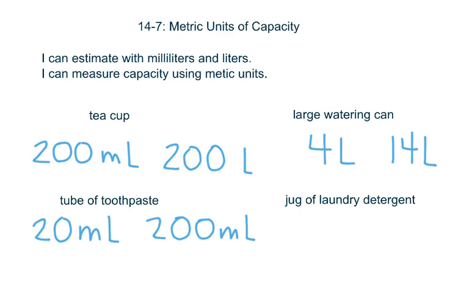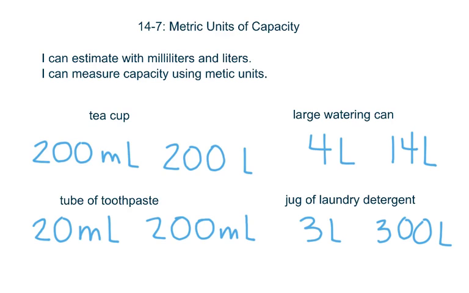A jug of laundry detergent, is it more likely to have 3 liters of laundry detergent or 300 liters of laundry detergent? If you want, you can even pause the video and go look for some of these items around your own home to get an idea of which might be in a more appropriate measure.